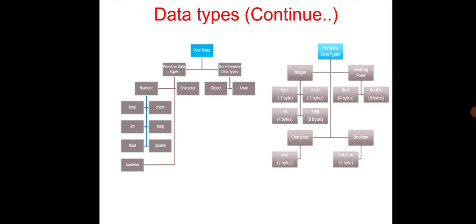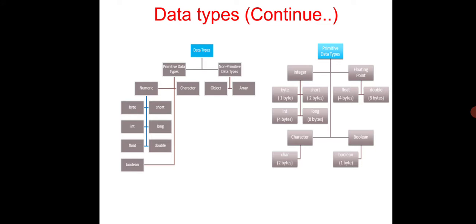For primitive integer types we have different kinds of numbers like byte and short. Byte is 1 byte of memory, short is 2 bytes, int has 4 bytes, long has 8 bytes. In floating point, float has 4 bytes and double has 8 bytes.